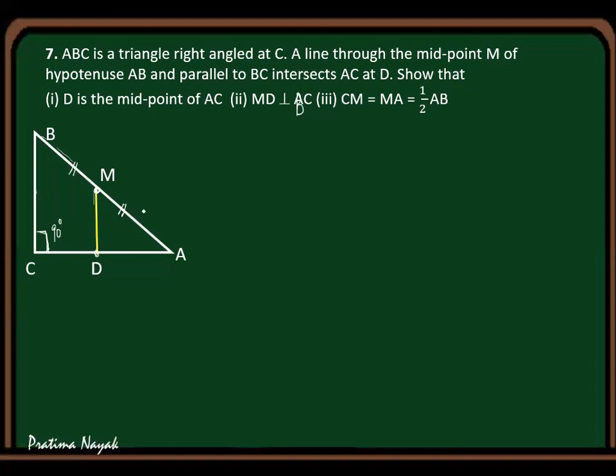Okay. So what is given? Two things are given. One is C is 90 degrees. Other is M is the midpoint of AB. When M is the midpoint of AB, that means AM is equal to BM.